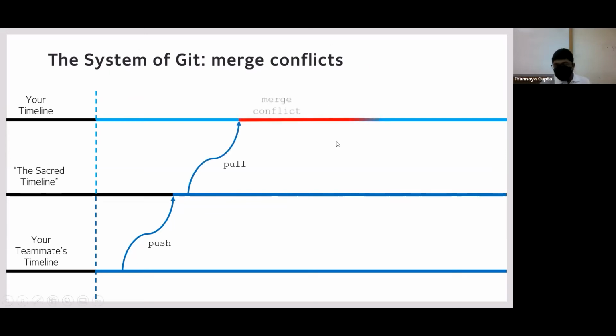What you do is you just pull, and Git has a system where it reflects these things called merge conflicts. I won't show you what merge conflicts look like for now. I'll show you later. But basically, merge conflicts are changes made by both you and another individual to a specific line or set of code within a file.